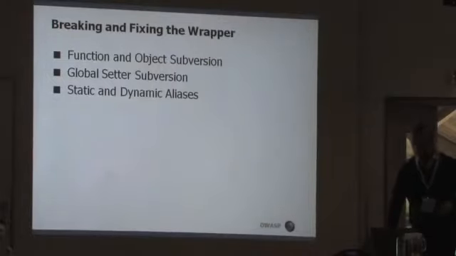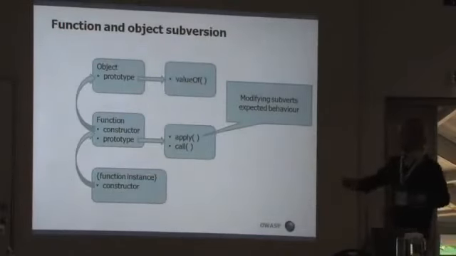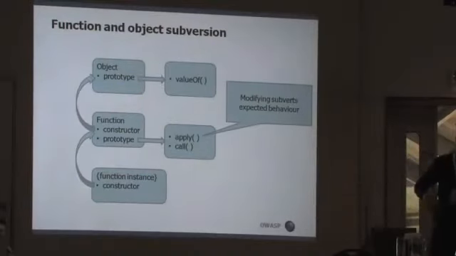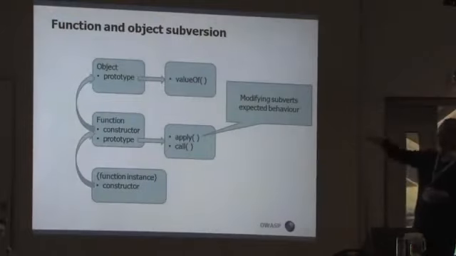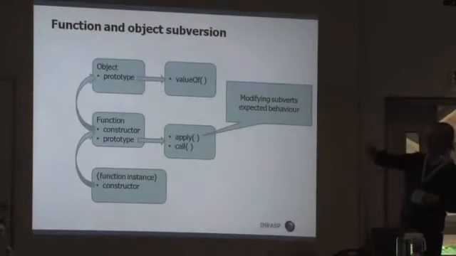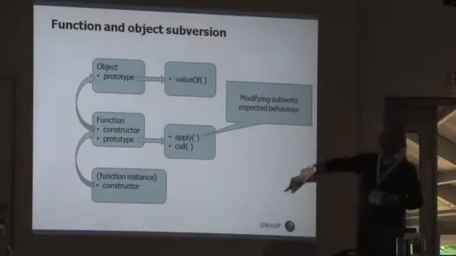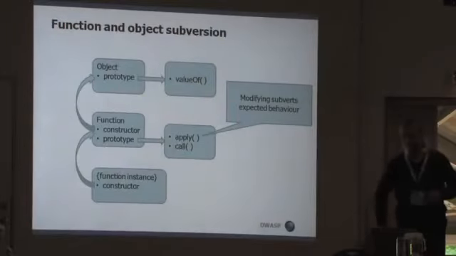The first one is function and object subversion. A function instance, for example, or any object actually, will inherit from its prototype chain. So a call to apply of a function will look up the prototype chain until it finds apply and execute that apply method.